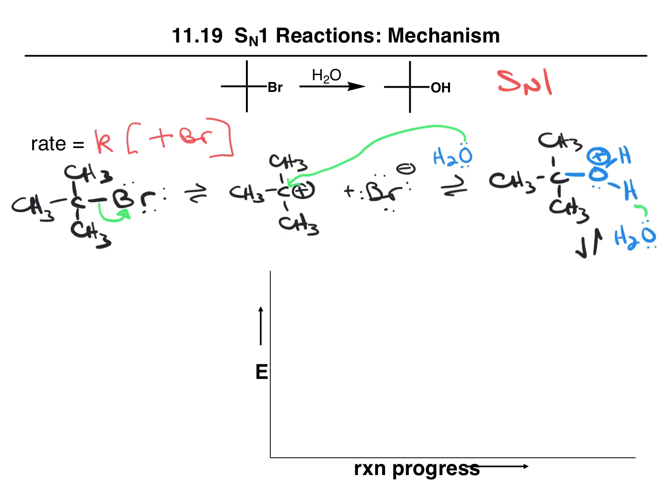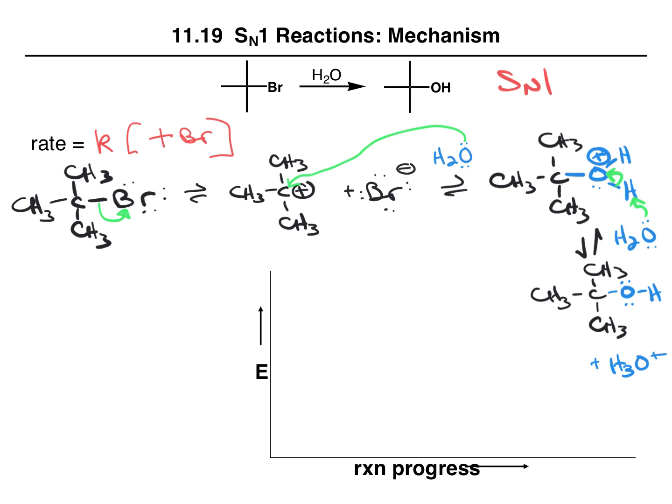So now this can act as a base, grab off one of these protons, and allow these electrons to go back onto the oxygen, which will give us our alcohol product plus some H3O+. So our byproducts are Br- and H3O+, in other words, HBr and water.